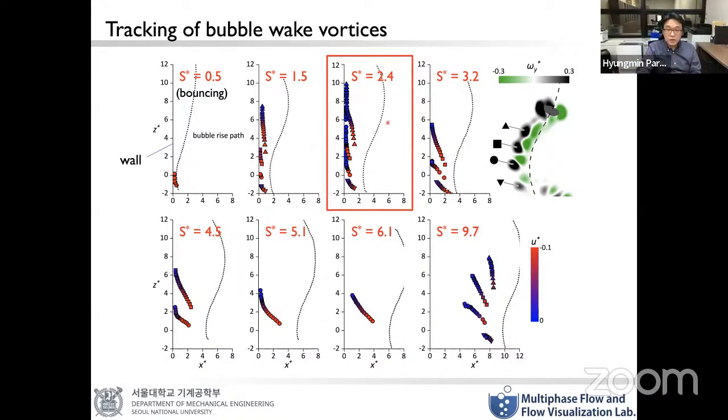For S star of 2.4, four wake vortices reach the wall, and the vertical range is the largest. But for the case of 9.7, even before attaching to the wall, each vortex structure is dissipated away, so they don't have a chance to interact with the wall.